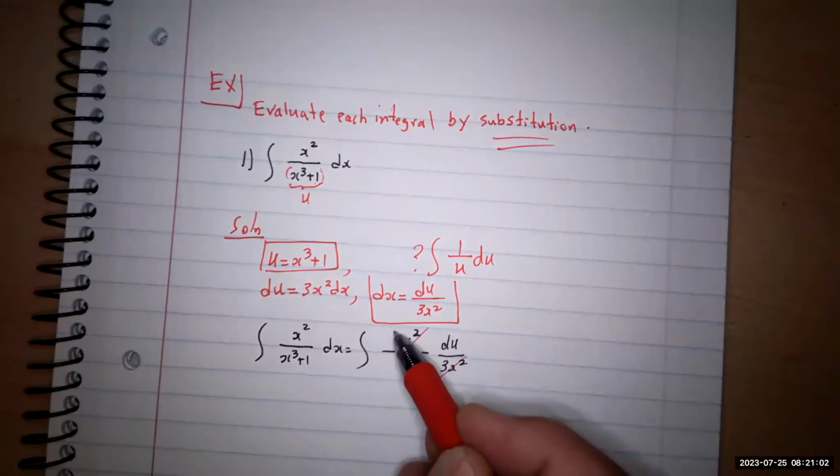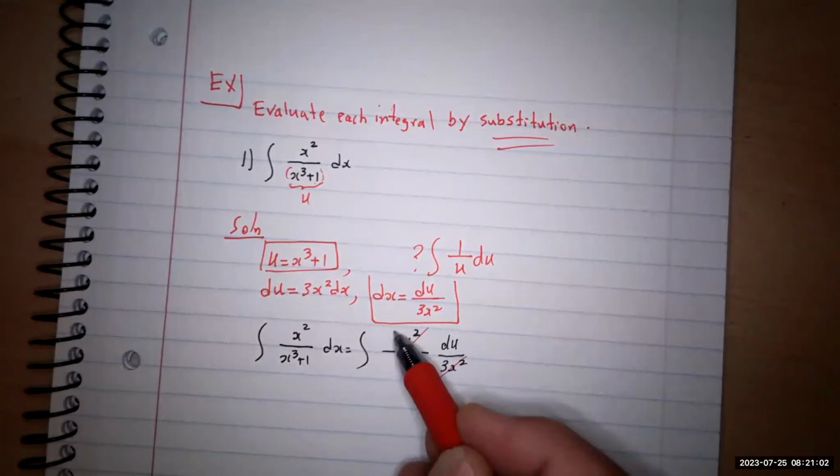Any question? You must get the 1/u because you predicted it. Everything else must be simplified. You may have some extra constant, like 1/3, put it out. There you are. The integral of 1/u du is equal to 1/3 ln of the absolute value of u.